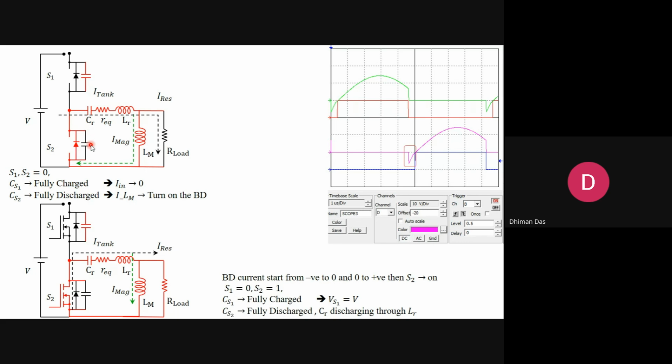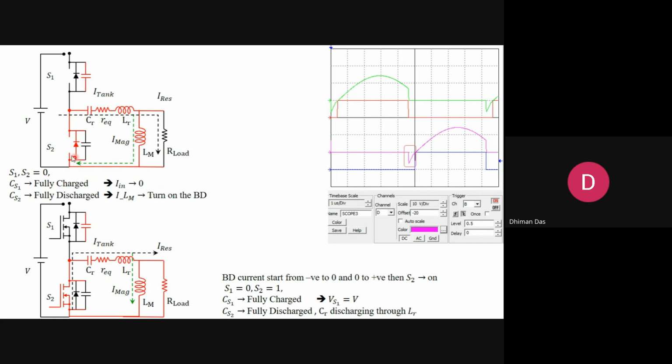So immediately when it touches 0, you need to turn on this switch. Then it will no longer flow through the body diode, it will flow through the channel of the switch. So that is the optimum amount of dead time you can insert in this network.